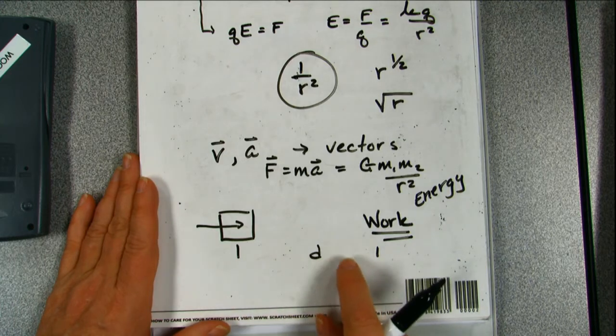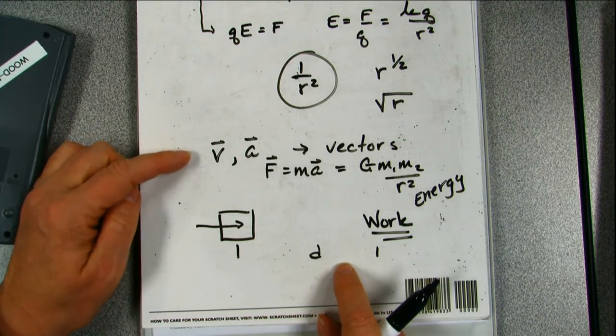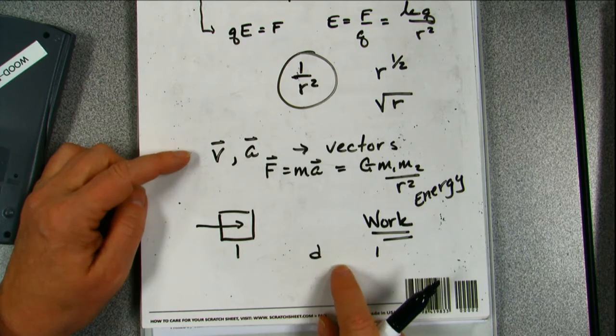What made these problems a heck of a lot easier than these problems? No direction. We got rid of the vector quantities. We didn't have to worry about x and y components, although we did worry about them, because we looked at work like this.